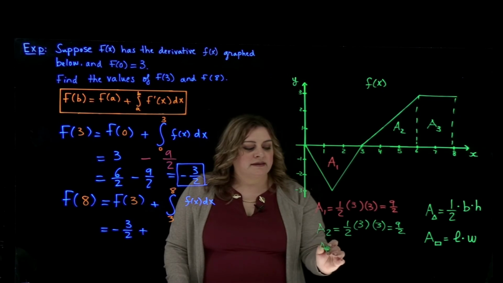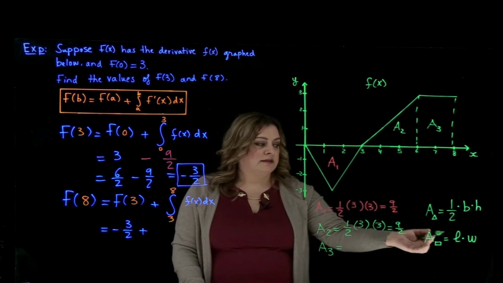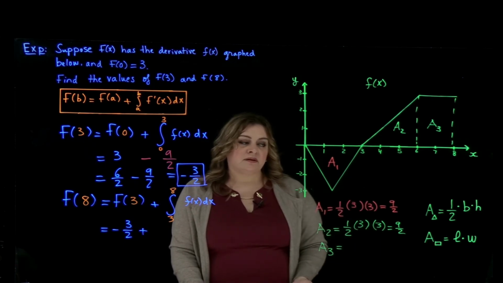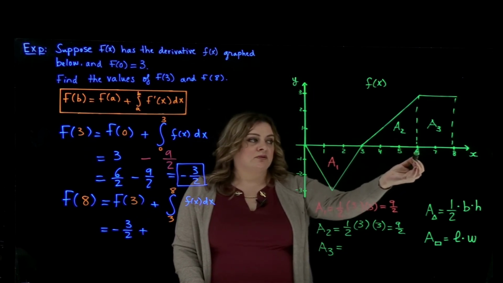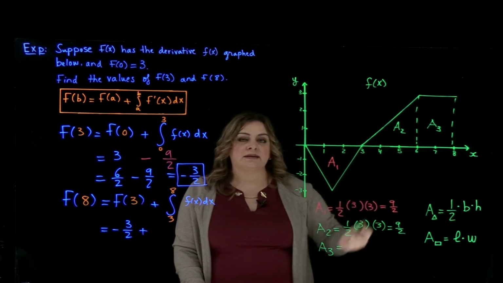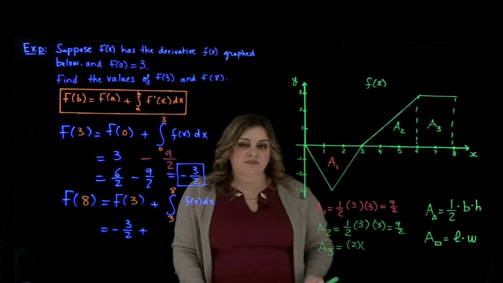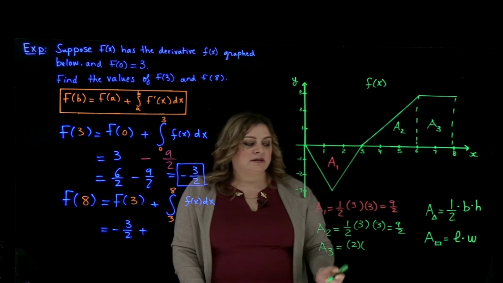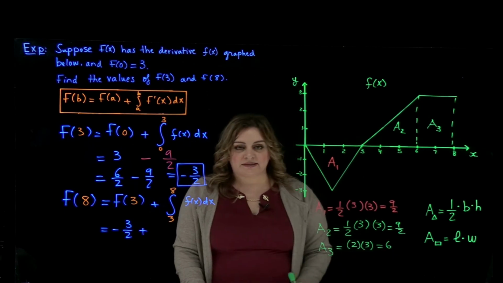To find the area of the rectangle A sub 3, the area is the length times the width. The length is from x equals 6 to x equals 8, which is 2 units, times the width, which is the height of this rectangle, 3 units, and this is equal to 6.